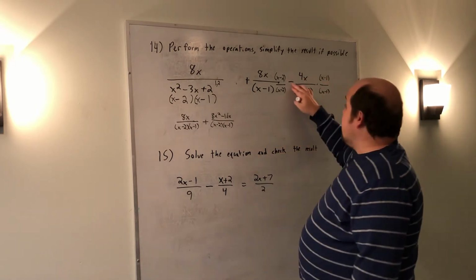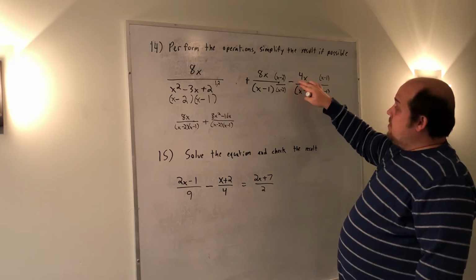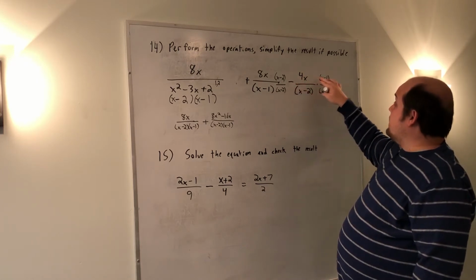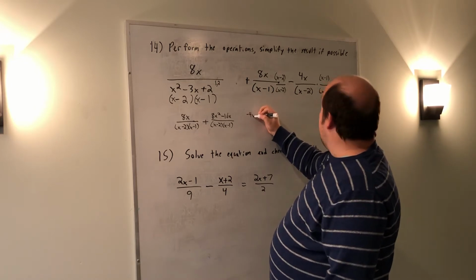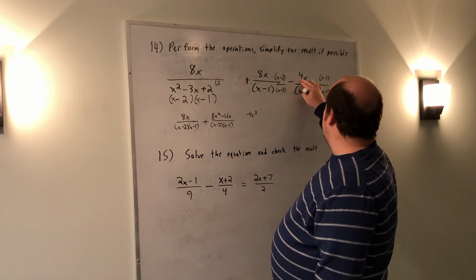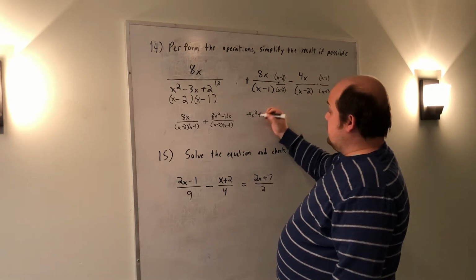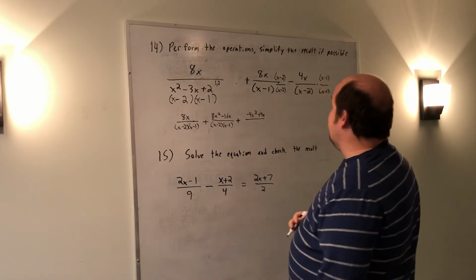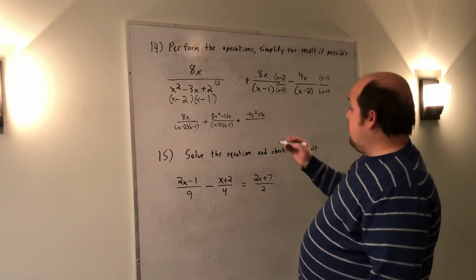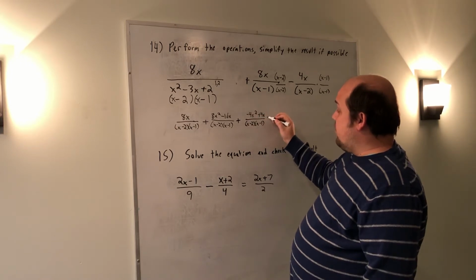Finally, I need to make sure this negative stays attached to the 4x when I multiply. So it's going to become negative 4x times x is negative 4x squared, and negative 4x times negative 1 is positive 4x. So really I'm adding this once I've distributed that negative to the numerator, and on bottom I have the same x minus 2, x minus 1.